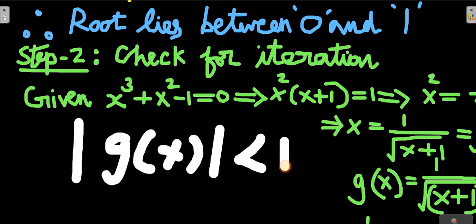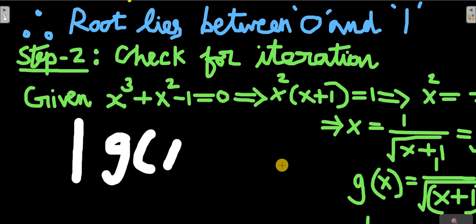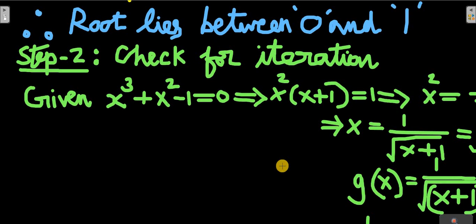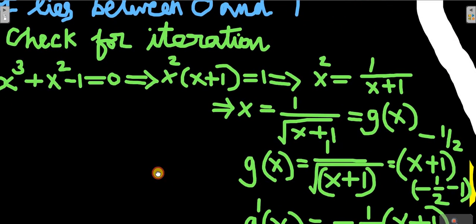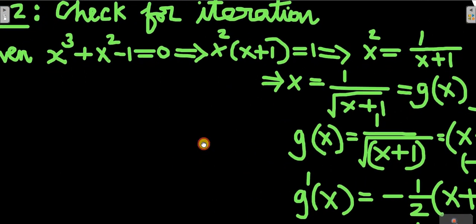This condition should be satisfied, then only is the iteration possible. So we are moving towards proving that. Now look at this. The proof goes like this.